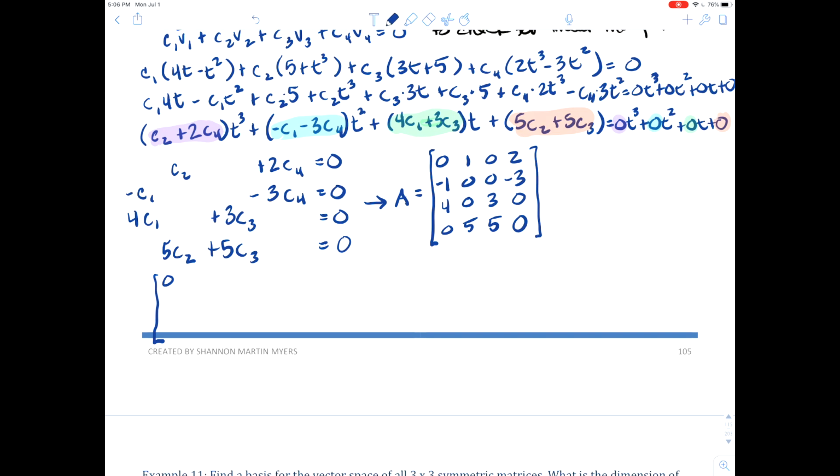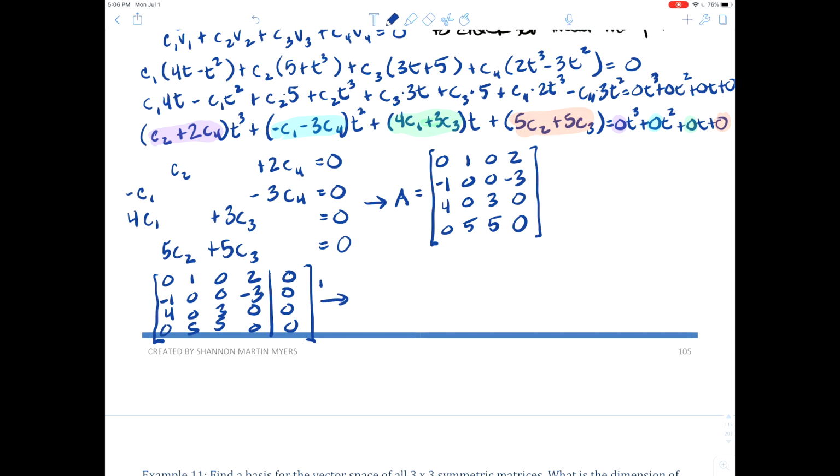So you have to know that there's that extra column of zeros. So really what happened was I had 0, 1, 2, 0, 2, 0, if I made it augmented. And then I had -1, 0, 0, -3, 4, 0, 3, 0. These all have zeros at the end for the constant part. And then 0, 5, 5, 0, 0.